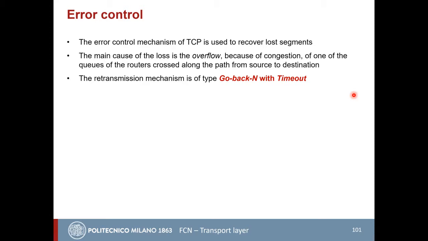The main cause of the loss usually is overflow, often not created in the TCP layer actually, but in the IP layer, because TCP segments travel in IP packets, and IP packets are managed by the routers, and in some routers you may have congestion in some of the queues, and so this can create packet loss. The retransmission is similar to go back N. There are some differences.